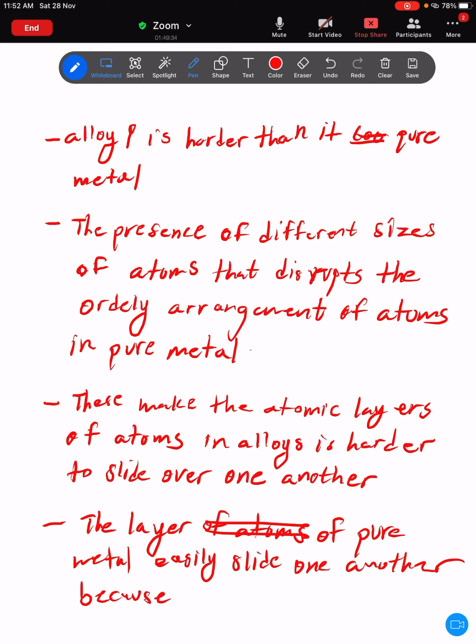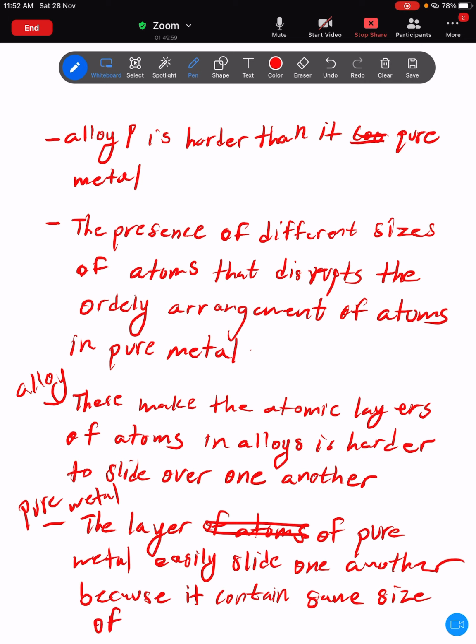We are comparing the alloy and the pure metal, because it contains the same size of atoms. Okay, that's the answer.